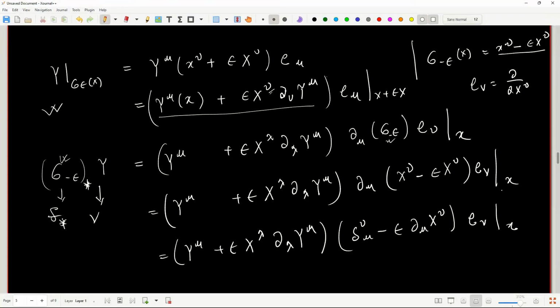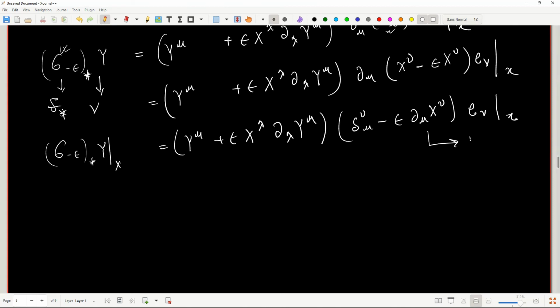Okay, so we already computed this thing at a point x, right? And now let's call this equation number 1, and we have to do the following. We have to subtract the vector that was originally at point x from 1, right?